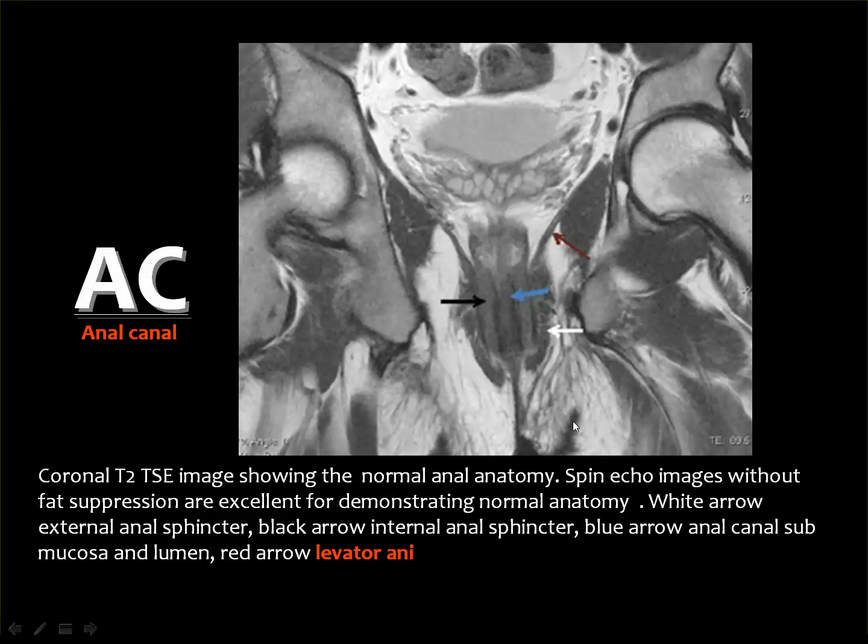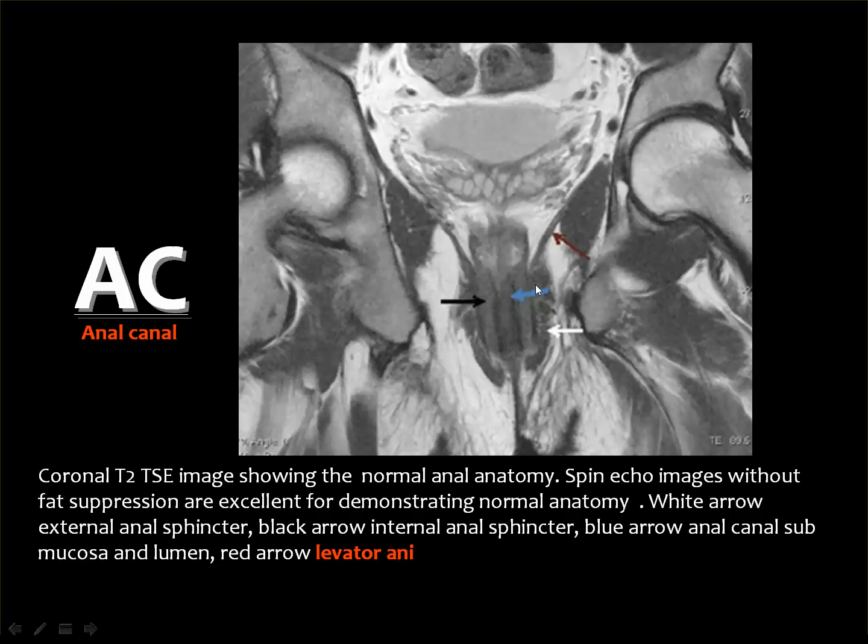Then the MRI anatomy of this area is very important, and the coronal T2 weighted image is the best view in MRI to realize this anatomy. If you look carefully, you can see this appearance, which is referred to in some reports as a tube in a tube.